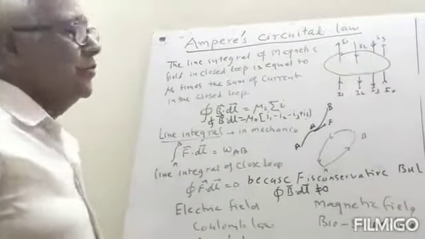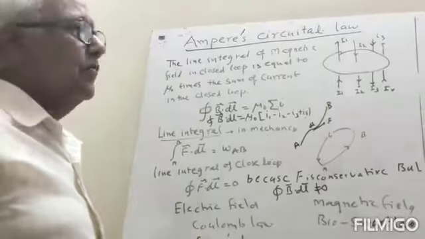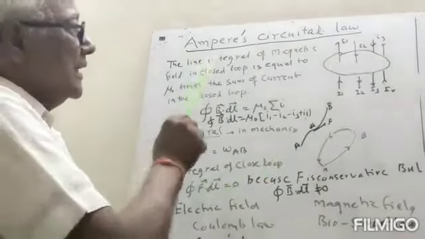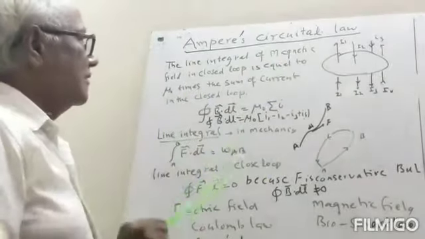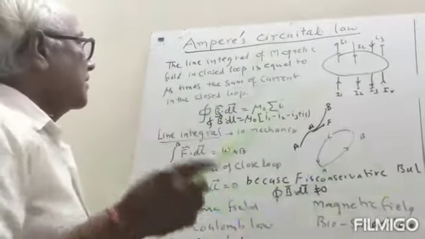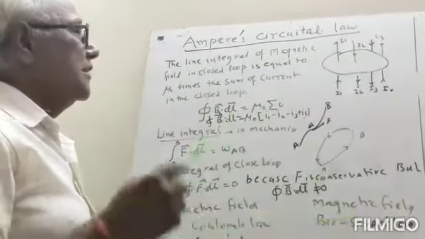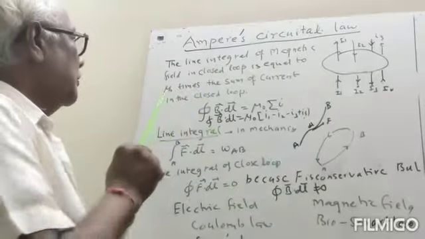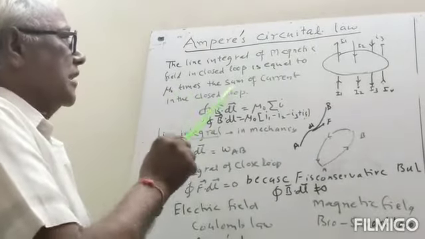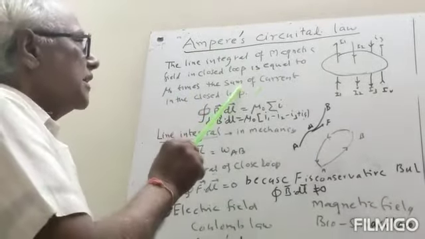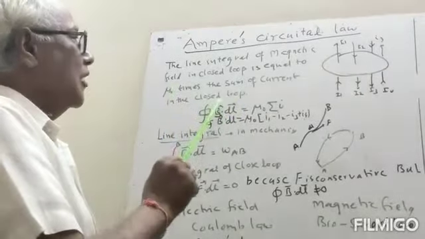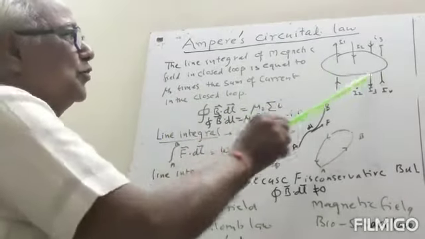Now, according to Ampere's circulation law, the line integral of the magnetic field in a closed path is equal to mu 0 times the sum of the current in the closed loop. Suppose this is a closed loop.